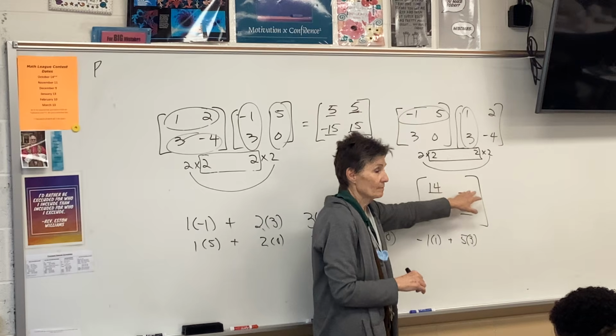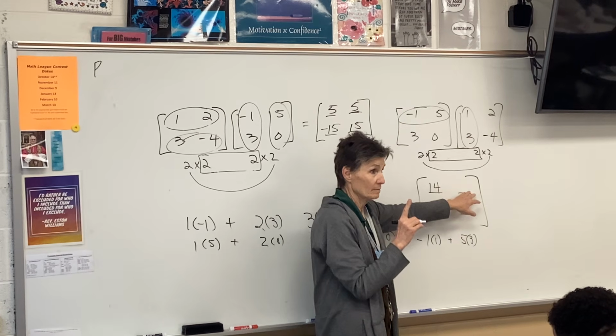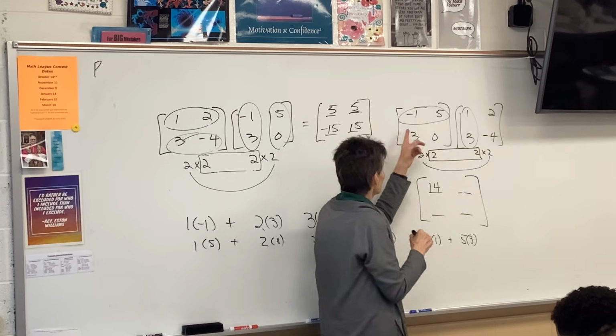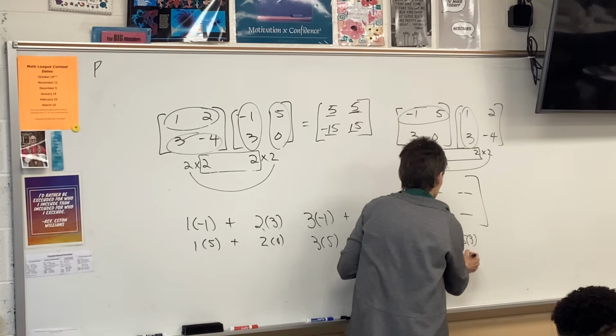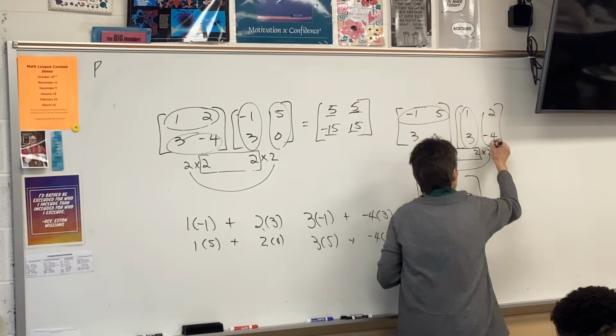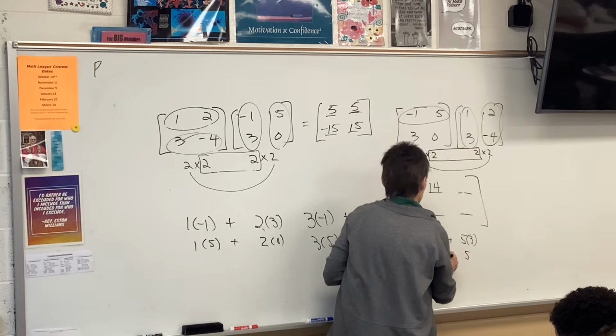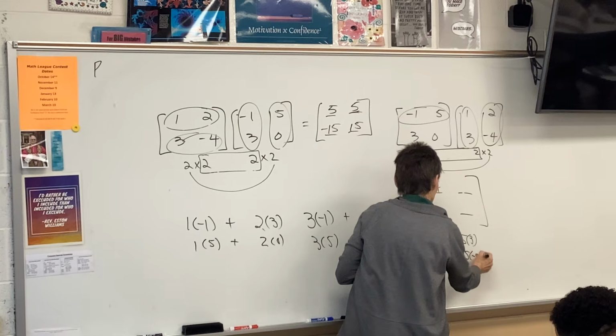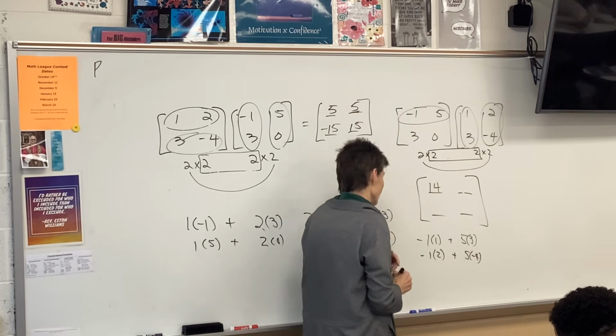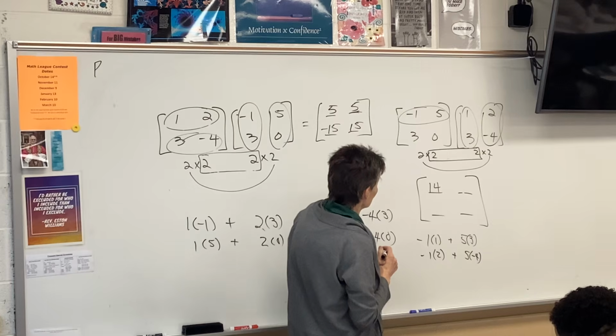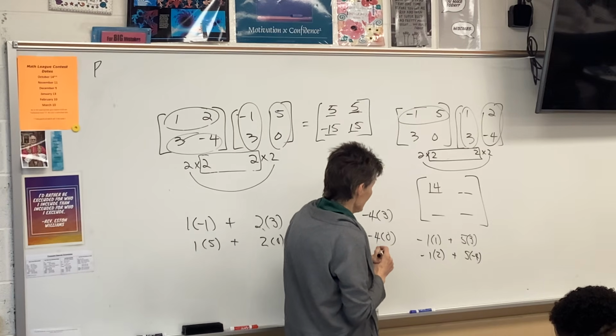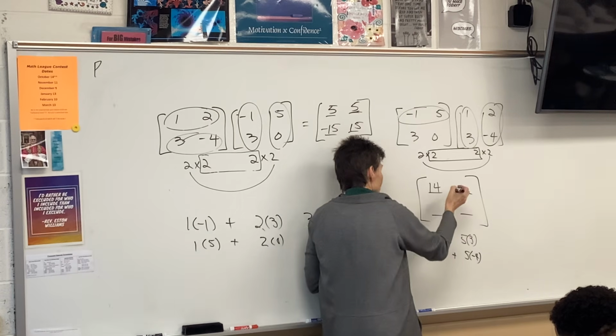So what's this? This is row 1, column 2. So row 1, column 2. Negative 22.